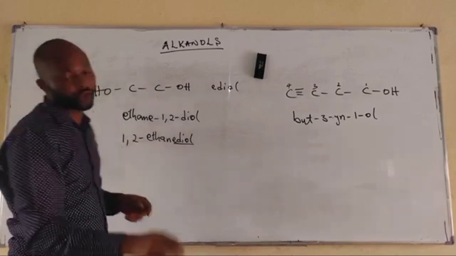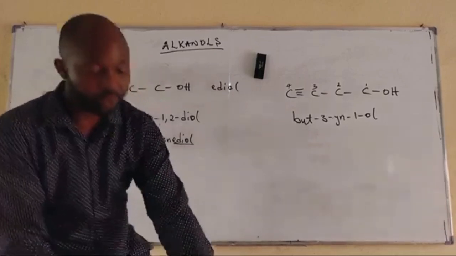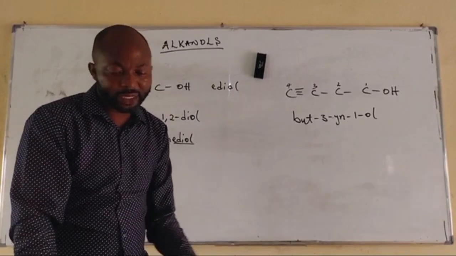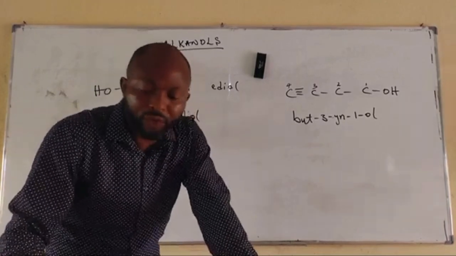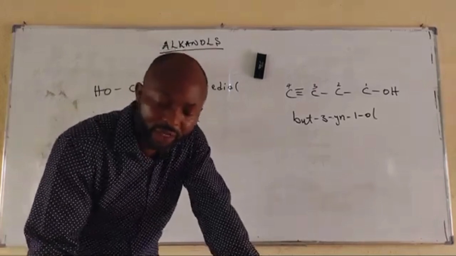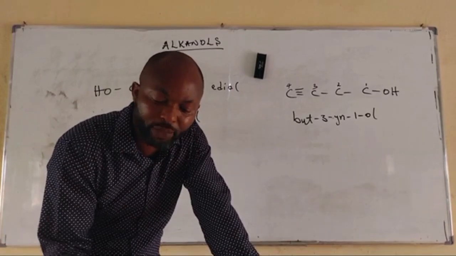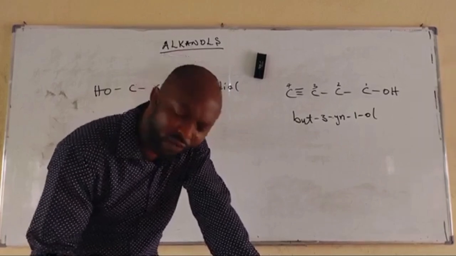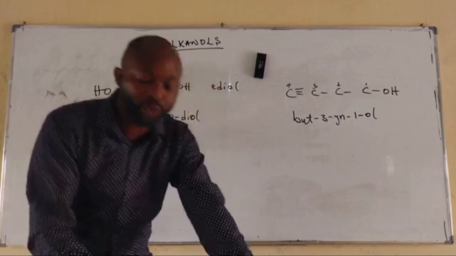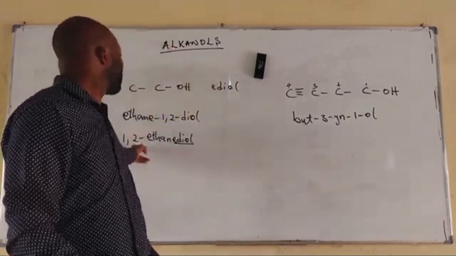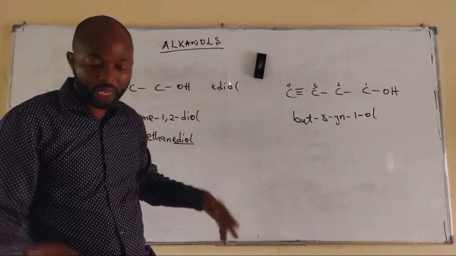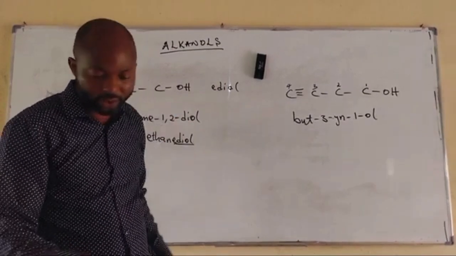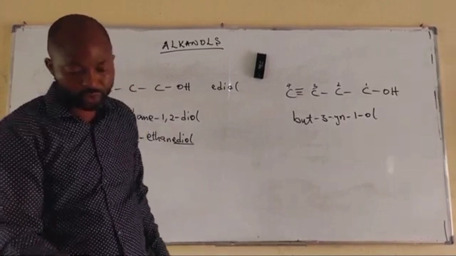Let me read it again so you understand better. It says that if the molecule is polyhydric, the parent chain must contain as many hydroxyl groups as possible. It is then named as E-diol or E-triol, for instance, this 1,2-ethane diol. Let me take another one.